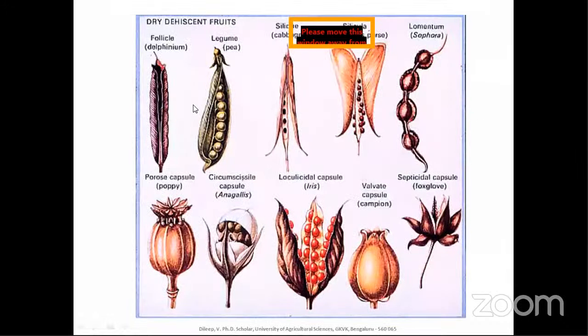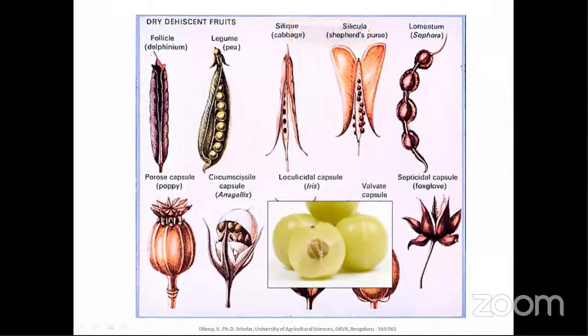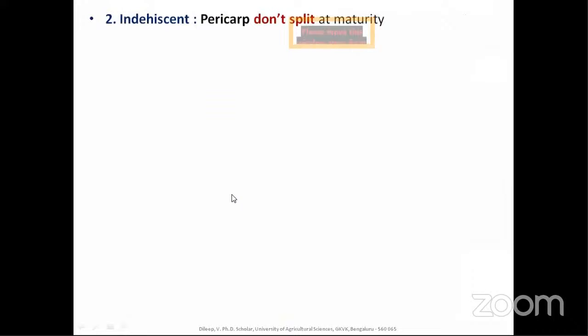Here are the diagrammatic representations. We can see this in legumes, that is peas, and also in some ornamentals. And here is the okra, the capsule part. You can see this here. And coming to indehiscent fruit, that means the pericarp does not split at maturity.